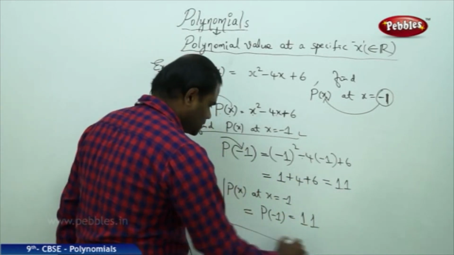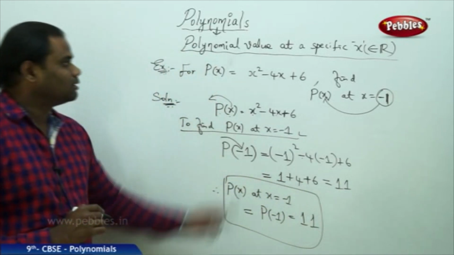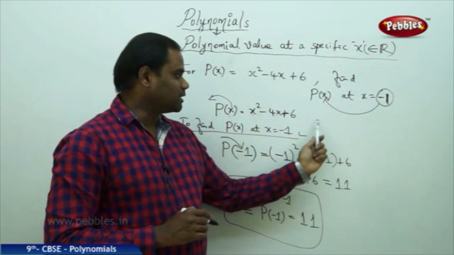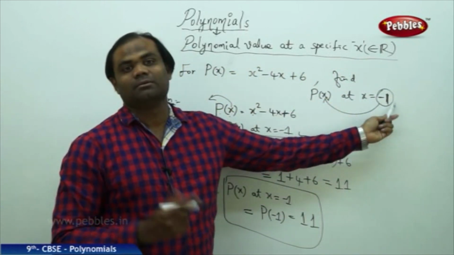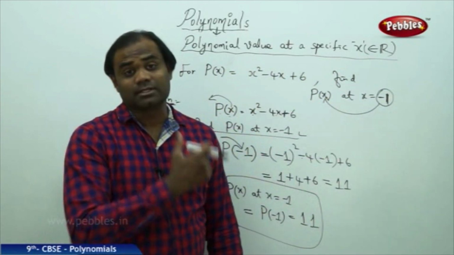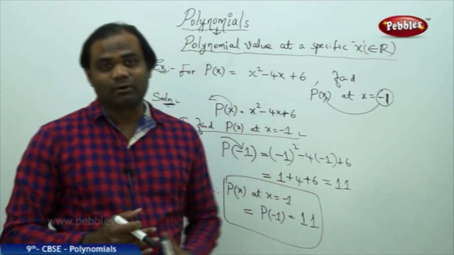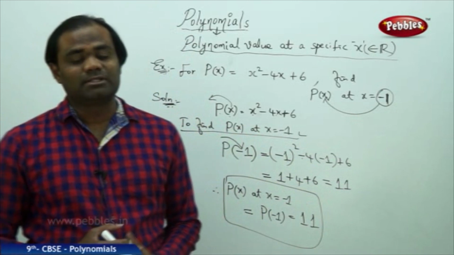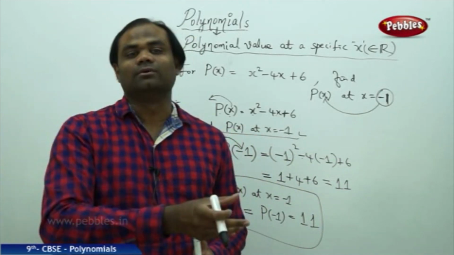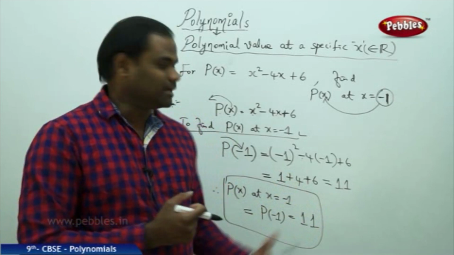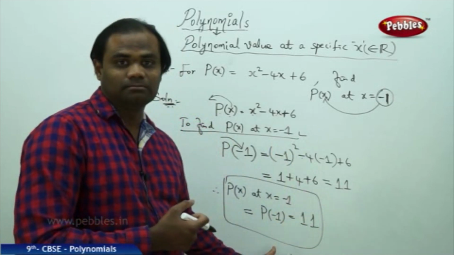That is how I understand the polynomial value at a specific x belonging to R, in this case the specific x being minus 1, through this example problem. So the polynomial value can be found for a specific value by simply substituting that value in place of the variable x in the polynomial, as seen in this example problem.